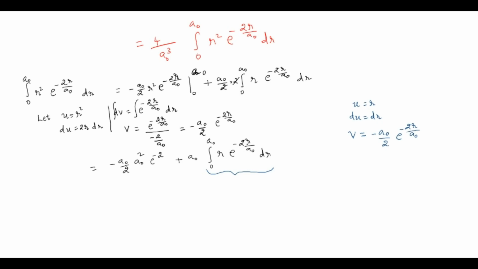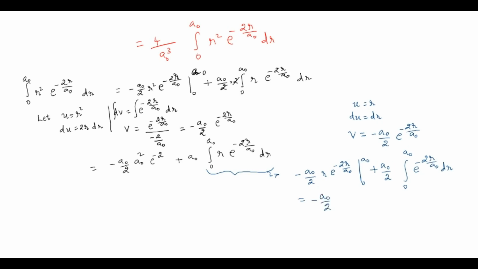So when we expand this using the uv rule, let me write down only this part. uv is r, so minus a naught by 2 into r e power minus 2r by a naught from 0 to a naught, minus integral v du. v is minus a naught by 2, so plus a naught by 2 times the integral from 0 to a naught of e power minus 2r by a naught into dr. So when we expand this, we will get minus a naught by 2.